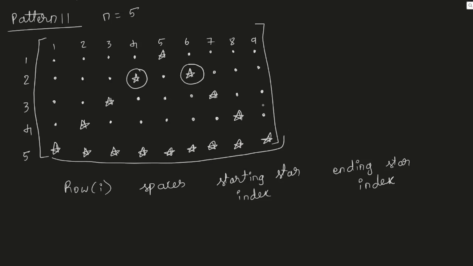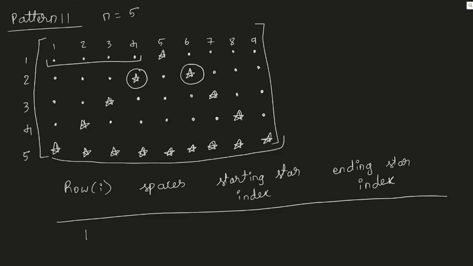We know we won't be counting the suffixed spaces. For row 1, we have prefixed 4 spaces and the starting star index is nothing but 5 and ending index is also 5.